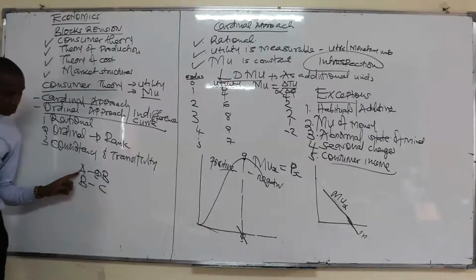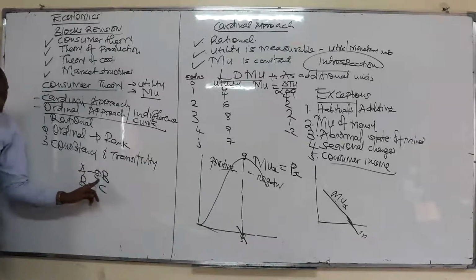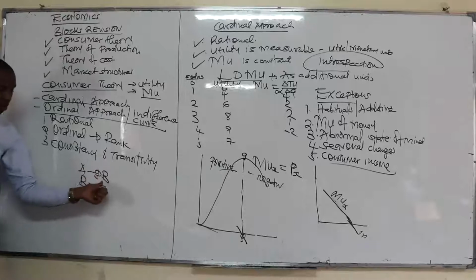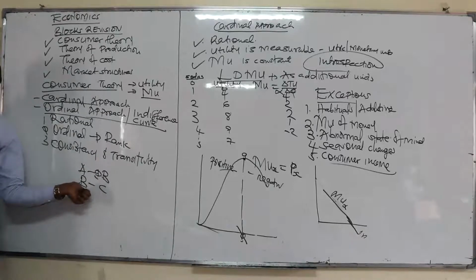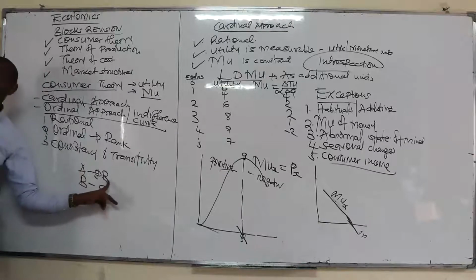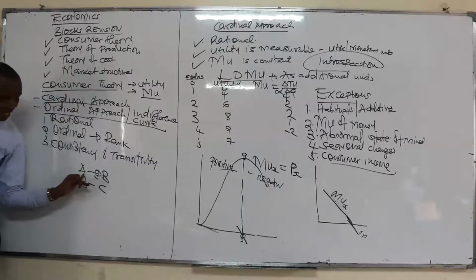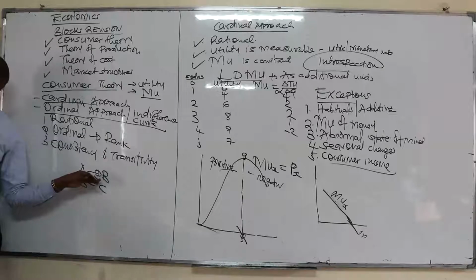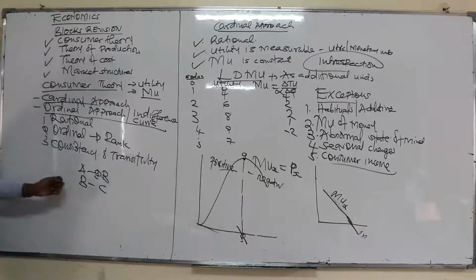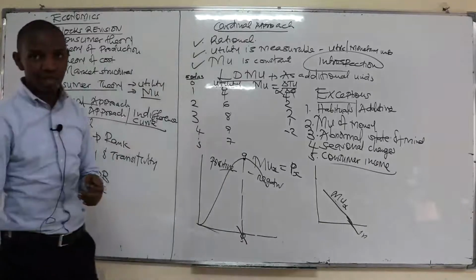Since A is consumed over B, and B is over C, it means that A will be consumed over C. So at the end of it, when we talk about transitivity, it means A will be consumed over C.